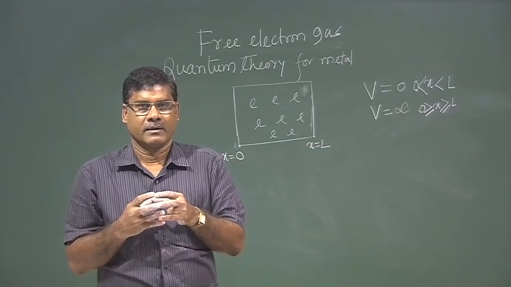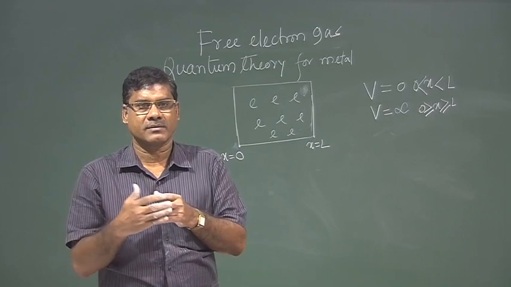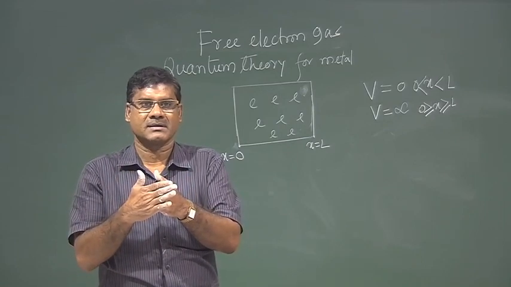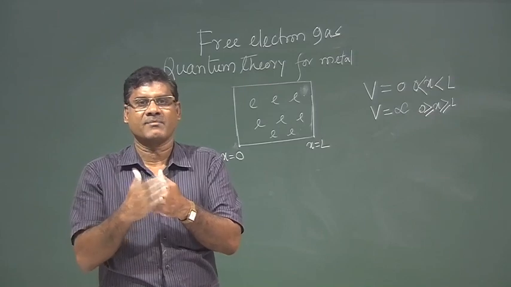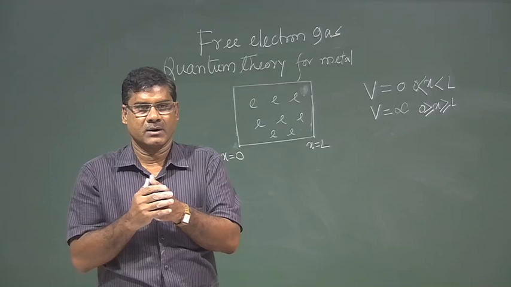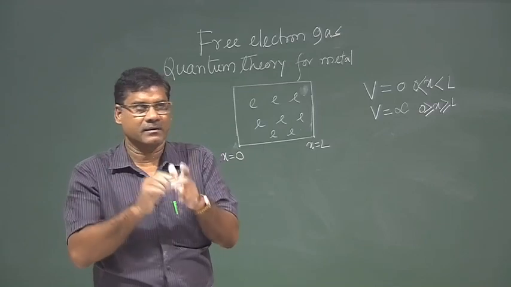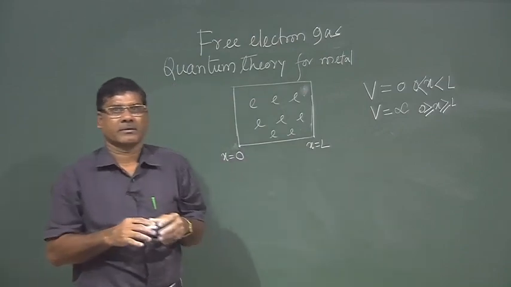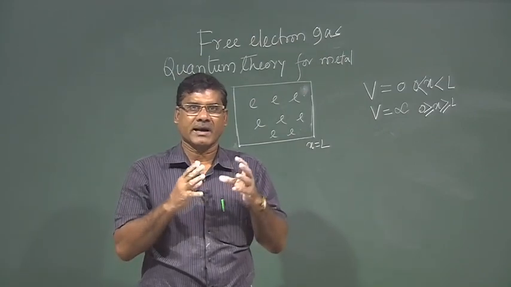But it cannot come out, which means that on the surface it will have a high potential. So, it will act as a potential barrier. This is the realistic situation for electron gas, for electrons in a metal.